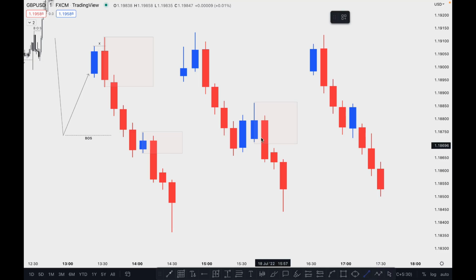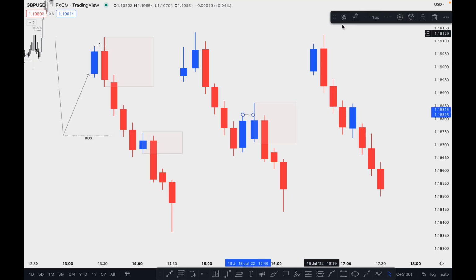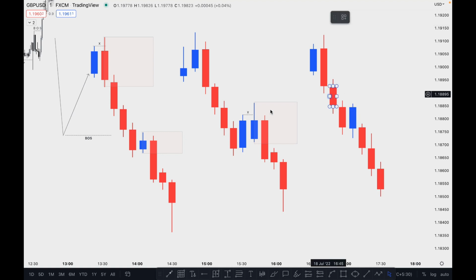Because it took out the previous candle's high, and before an order block becomes high probability, it must take out the previous high or low to confirm it as a proper order block. So in this case, you can see the market taking out the previous high candle and then closing below it, and this is the last buying candle before the sell.